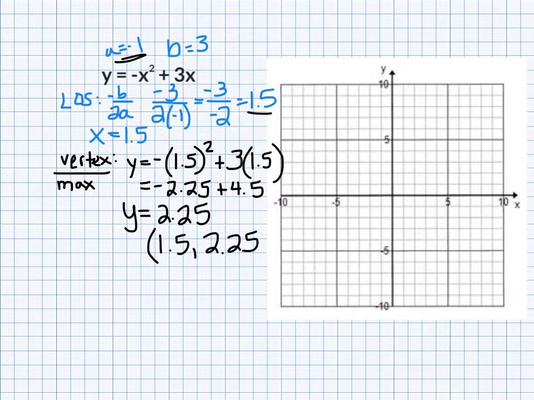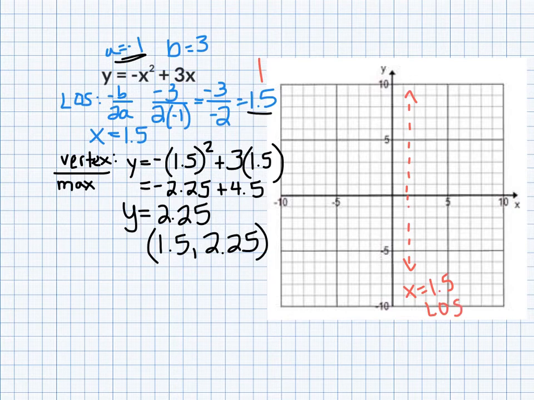All right, so right now we can plot this information on the graph. We know the line of symmetry is 1.5. So that's going to go right through here, as close to that as possible. Okay, so there's x equals 1.5, line of symmetry.